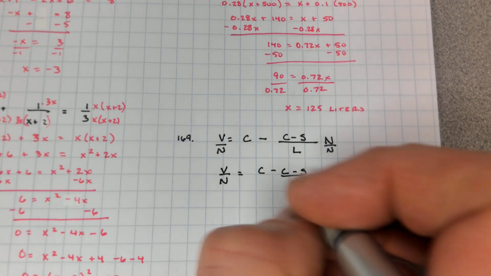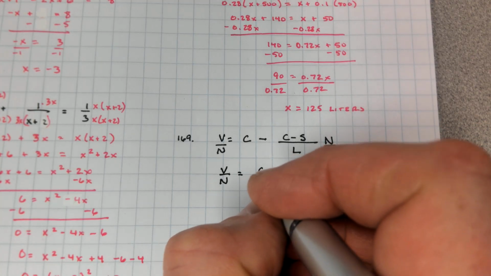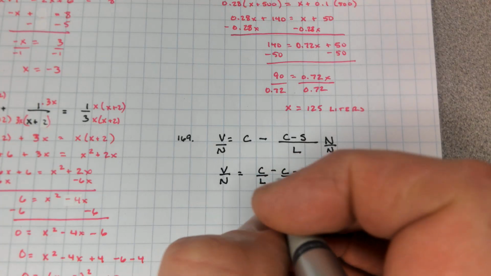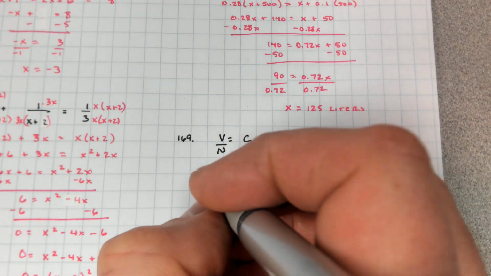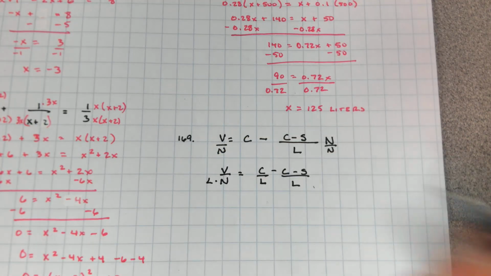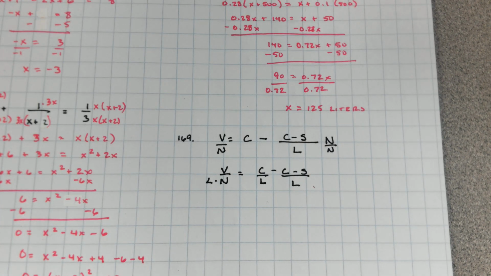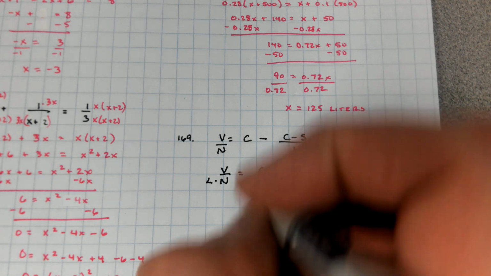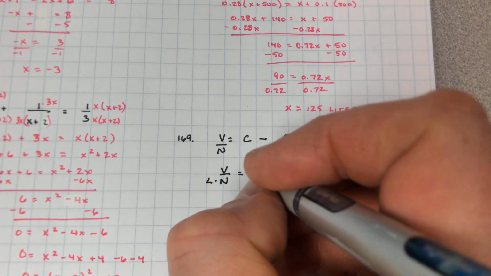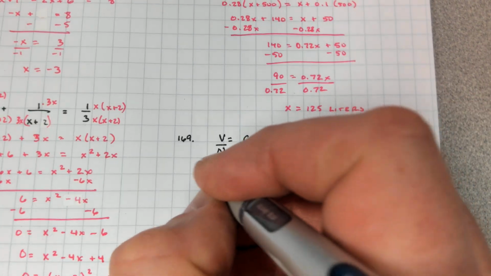So I need L here, so I'm going to put an L there. And if I divide this one by L, I'm going to need to divide this one by L as well. And if I divide this by L, I need to multiply the numerator by L. Same thing over here.